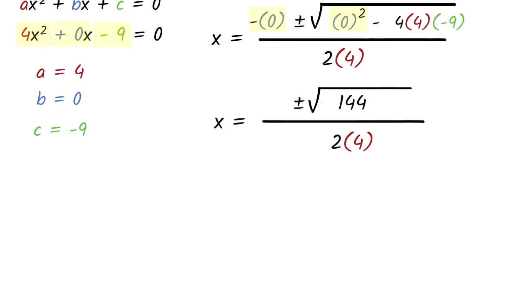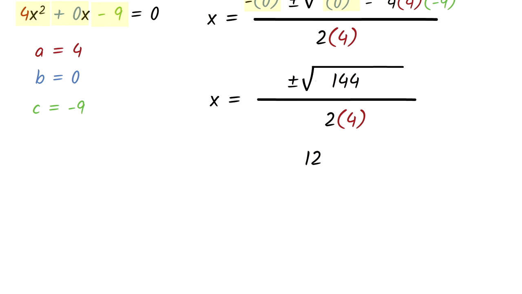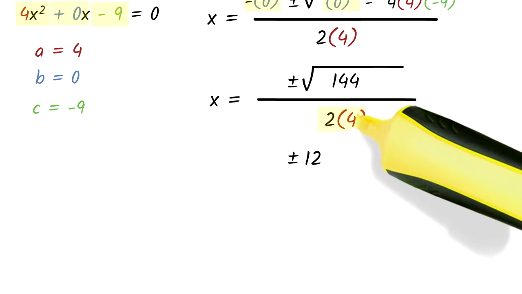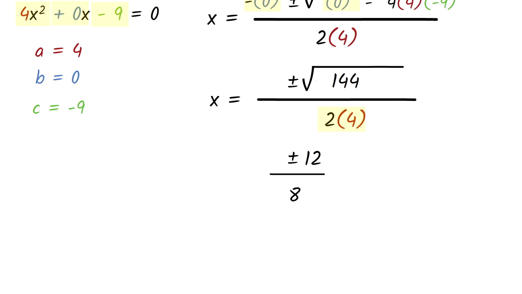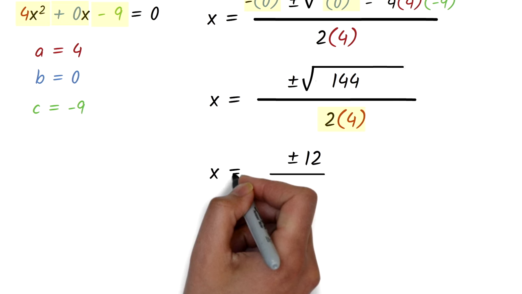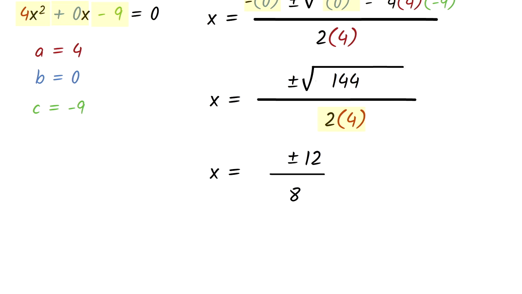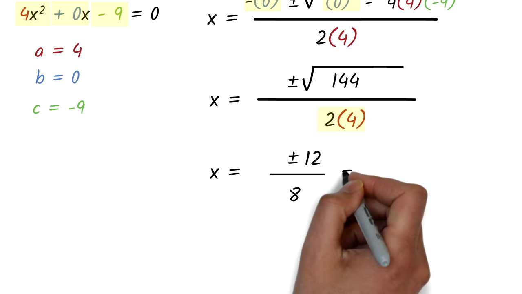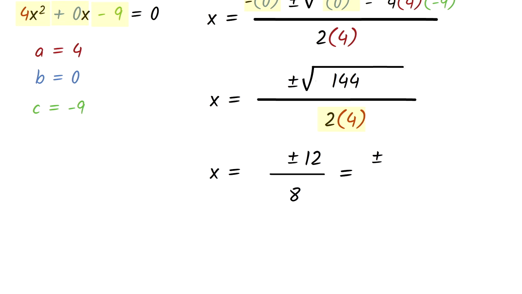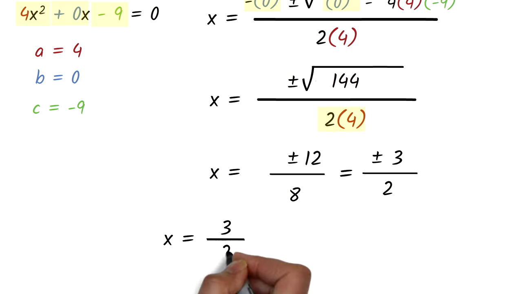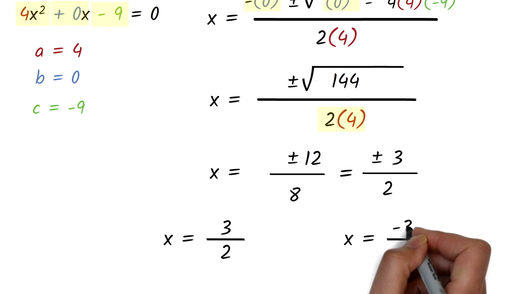Square root of 144 is 12. The 2 times 4 in the denominator will be 8. So we now have x equals plus or minus 12 over 8. We can reduce the 12 over 8 to get x equals plus or minus 3 over 2. So x will be 3 over 2, or x will be negative 3 over 2.